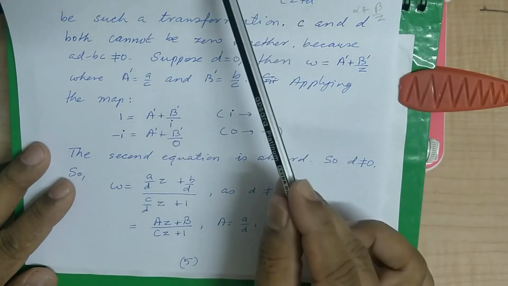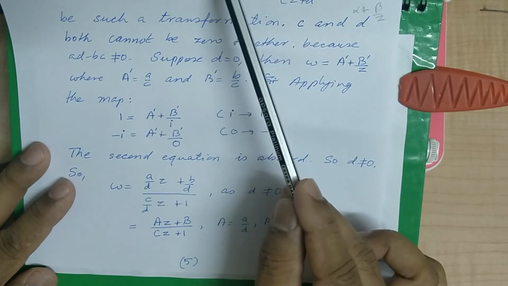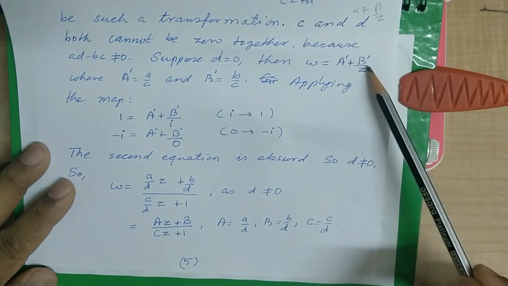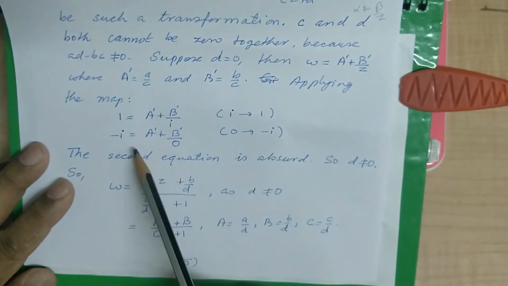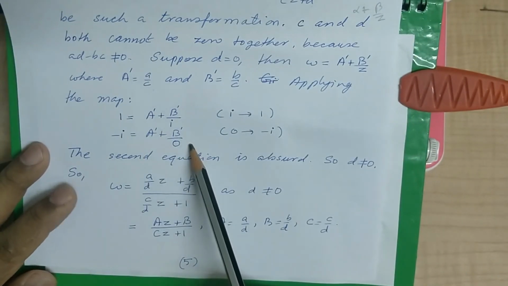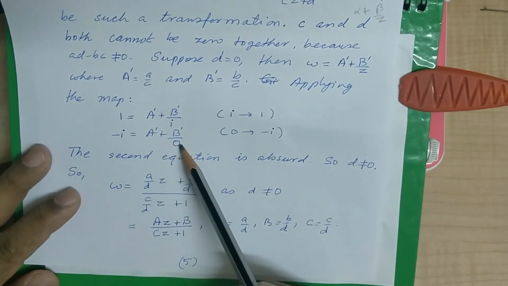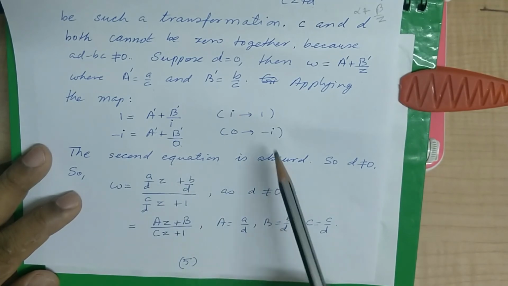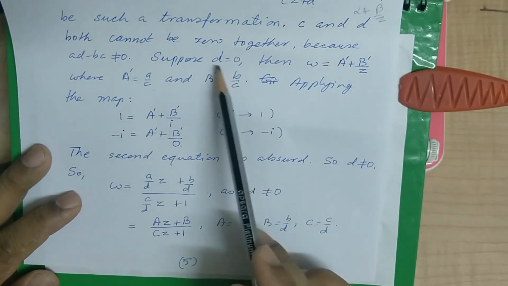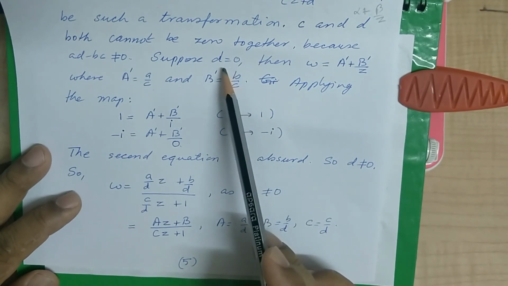Similarly, 0 is mapped to minus i, so put z equal to 0 in this, and the image value is minus i, so you get this. Now b dash divided by 0 is infinity, so that gives rise to a problem. So this is absurd, so this is an invalid assumption.